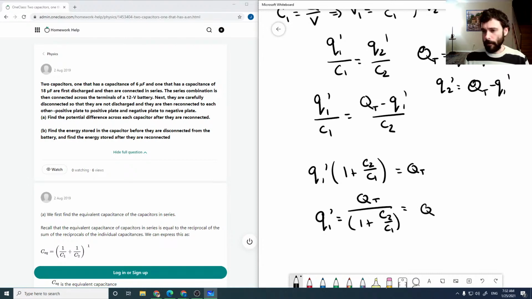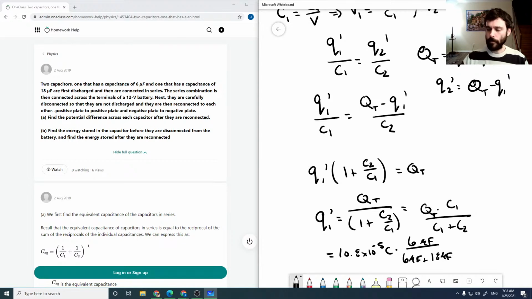our Q total times, just giving a common denominator here and flipping, which is our 10.8 times 10 to the minus 5 coulombs times our C1, which is 6 microfarads over 6 microfarads plus 18 microfarads.